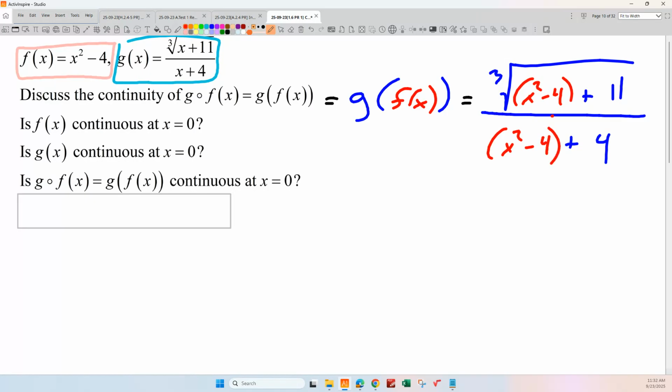Okay, so is f of x continuous at x equals 0? It is, right? Is g of x continuous at 0?